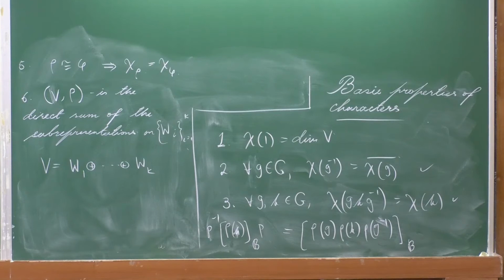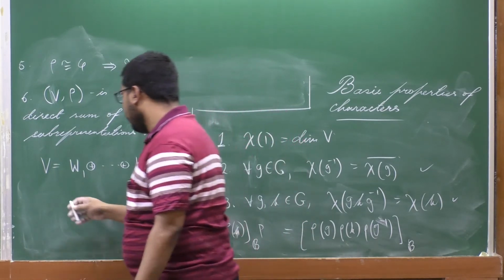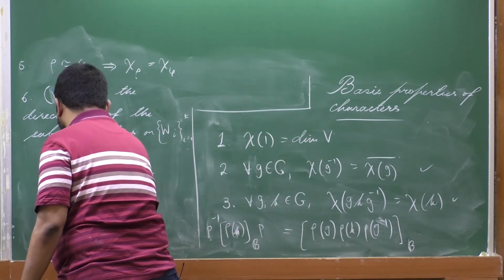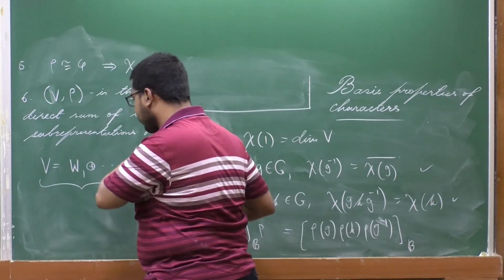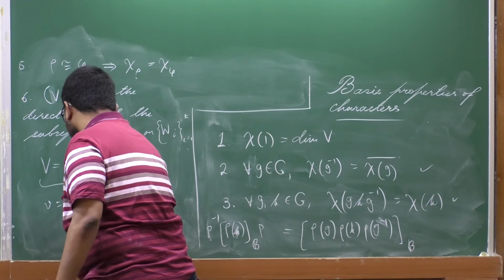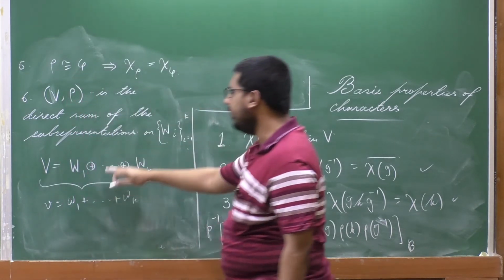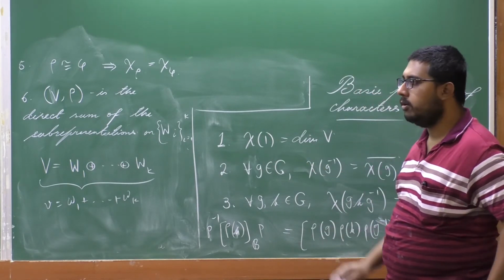I would like to remind you that this is equivalent to saying several things. Whenever we say this, it is equivalent to the following: each v can be written uniquely as a sum of w_i, where each w_i comes from Wi.